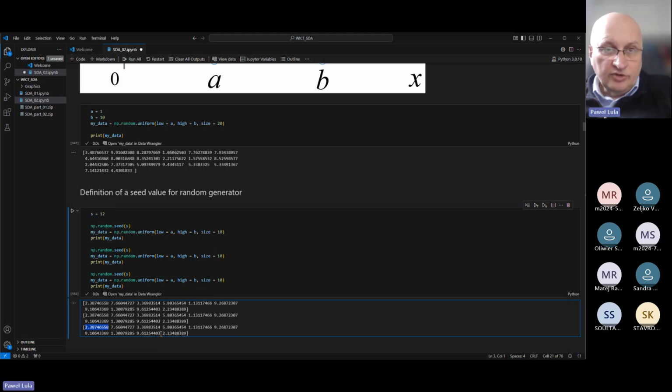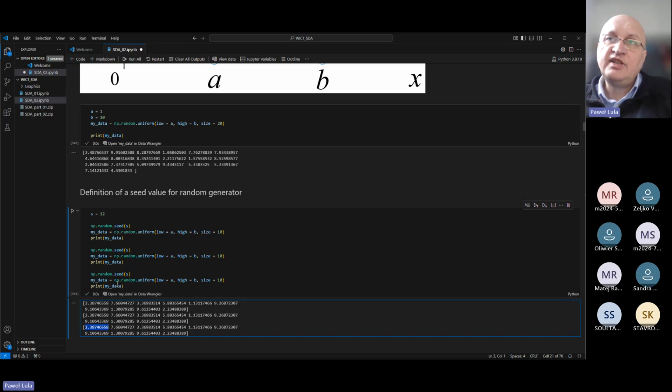If we want to generate random or pseudo-random values many times, but we want to have the same values every time, we should set the same value as a seed for every experiment.